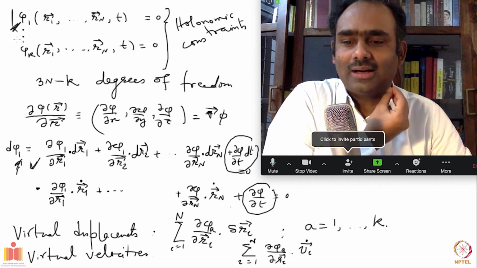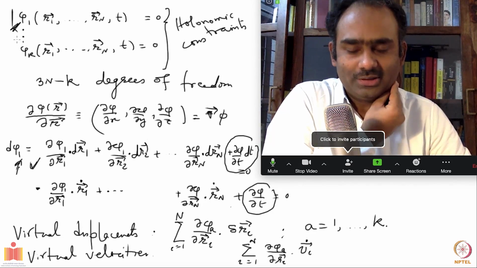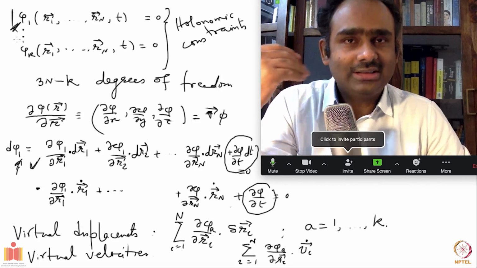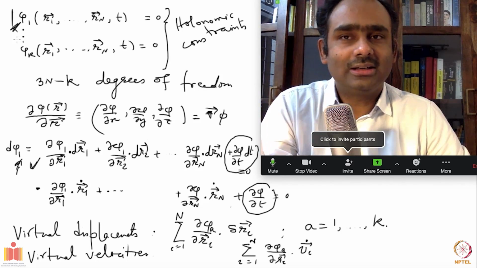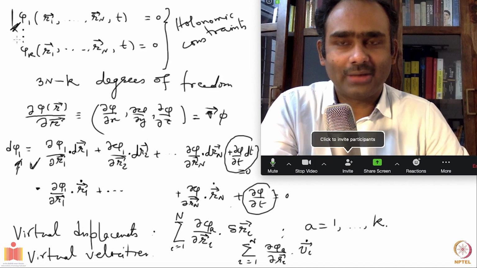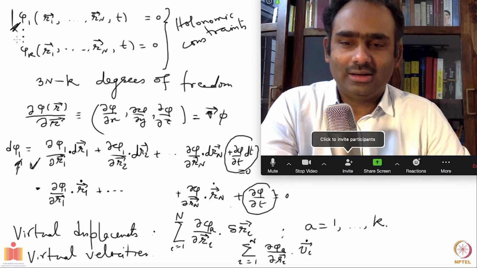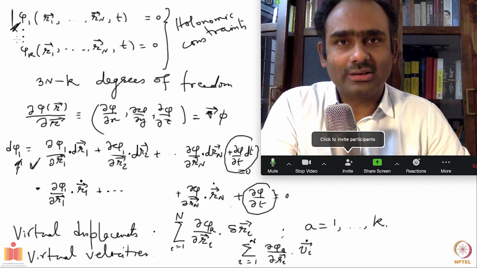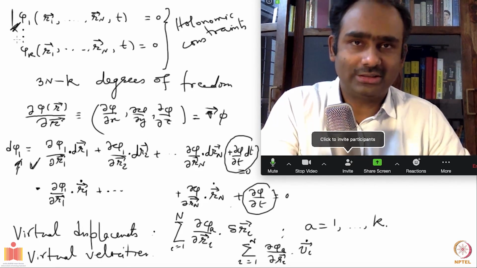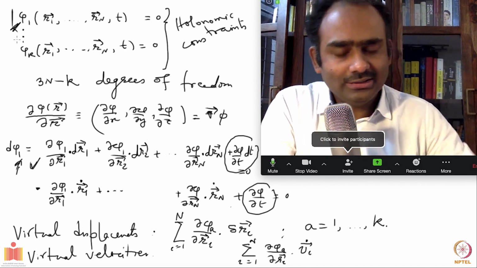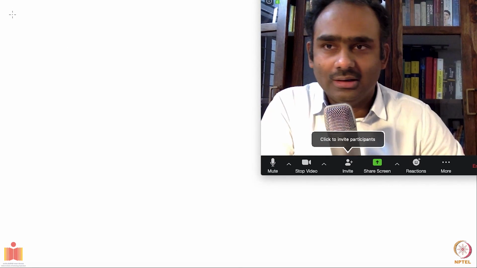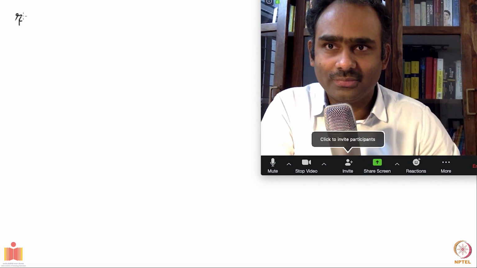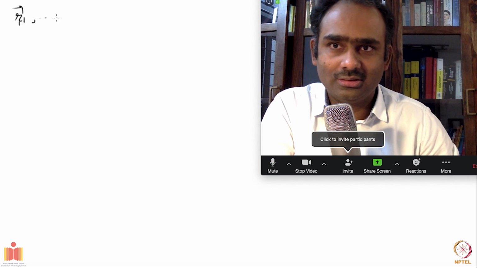Now, why are we so much interested in holonomic constraints? The reason is simple. If I am given holonomic constraints, then I can eliminate the dependent ones, and write down or specify my system only using coordinates which are independent of each other. Which means, if I am given holonomic constraints, then I will move from r1 to rn.